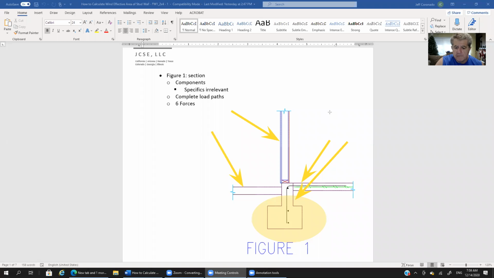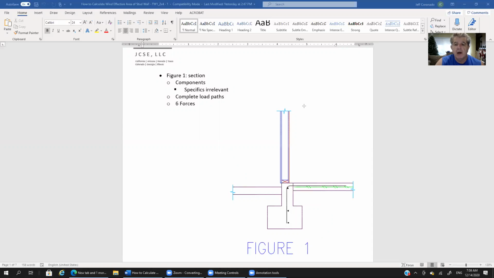Okay, so let me get rid of what we've got here on the screen so far. So those are the components of what we're seeing. Complete load paths, 6 forces. With that, what I'm trying to get you to think is we've got 6 forces. As structural engineers, what we're good at is being able to follow load paths, being able to chase loads down to the foundation.